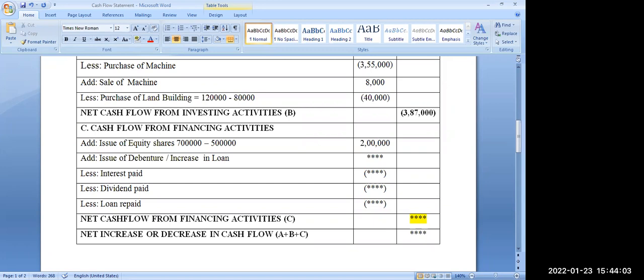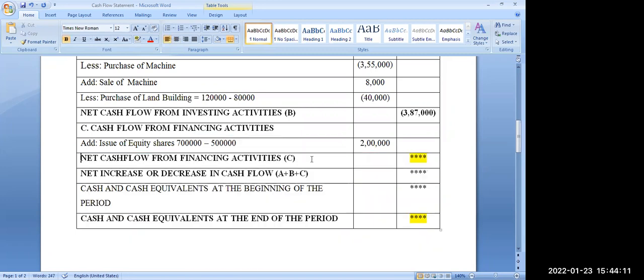So the net result is only one item, and this is not required, I'm just deleting it. So net cash flow from financing activity will be only 2 lakhs. It is an inflow, so it is plus.